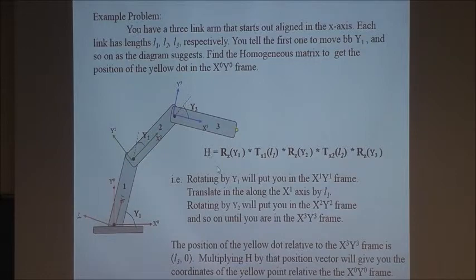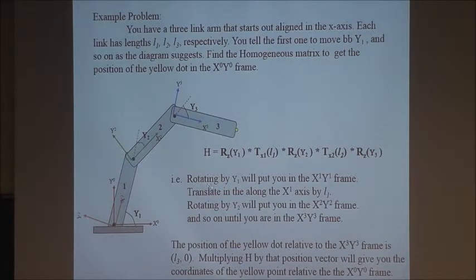Your homogeneous transformation matrix is going to be a combination of rotation first, times the translation of x1 along L1, then rotation y2 around z, then translation x2 of L2, and then rotation of y3. This is the end of this combination of translation and rotation.